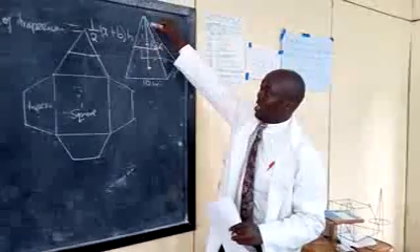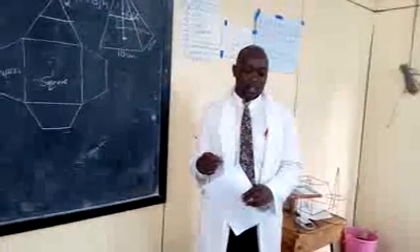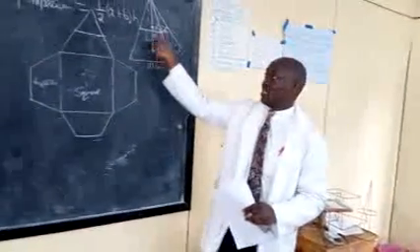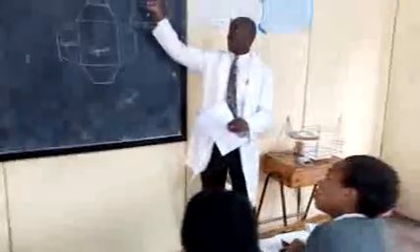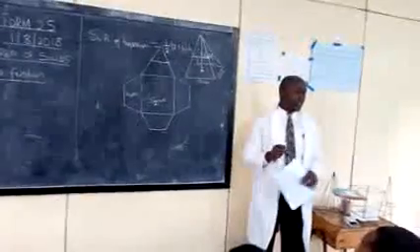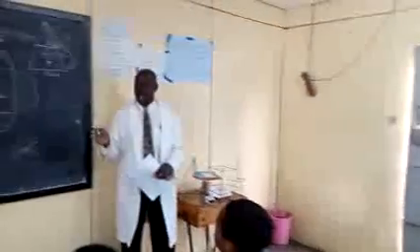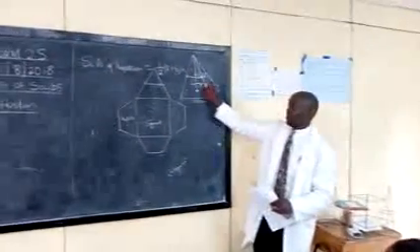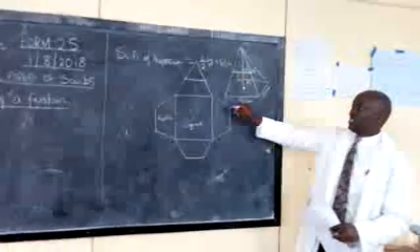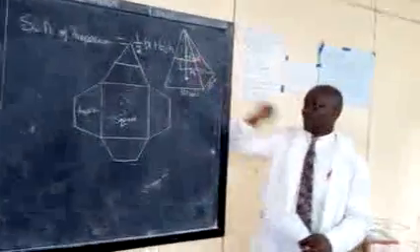And you have been told to cut halfway, the way we did. So what is the new height of this shape, the first one? 7.5, because it is halfway. So if this is 7.5, what is this length from here to here?